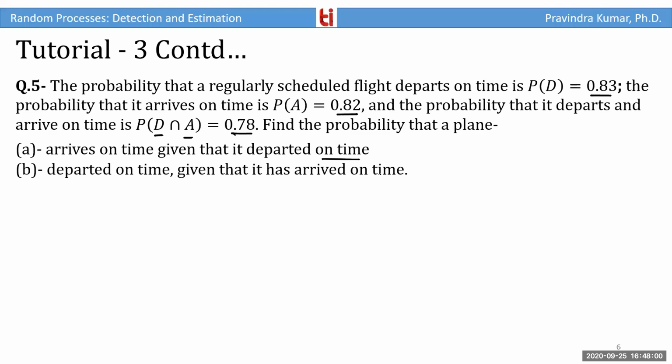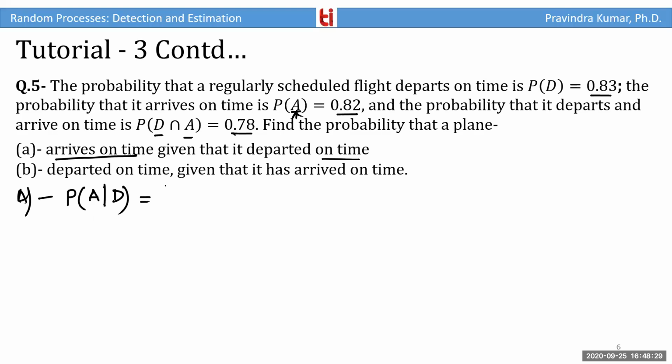If I consider part A, the probability that a plane arrives on time given that it departs on time, the required probability is, if A is the event that it arrives on time, P(A given D).